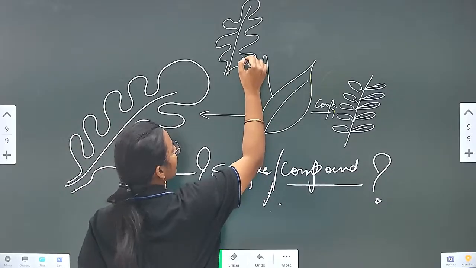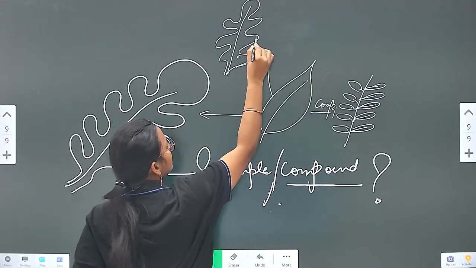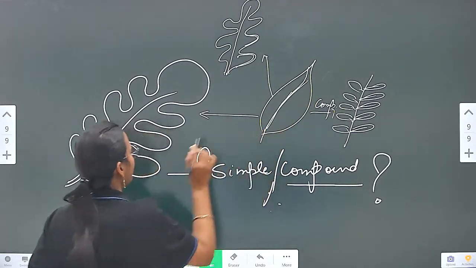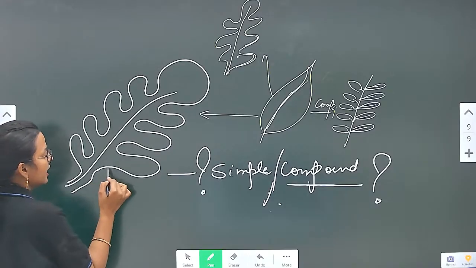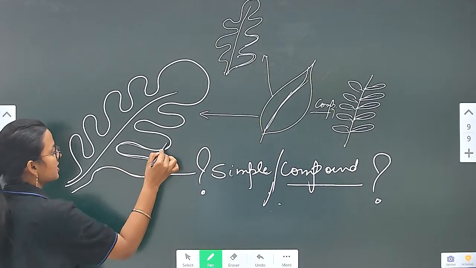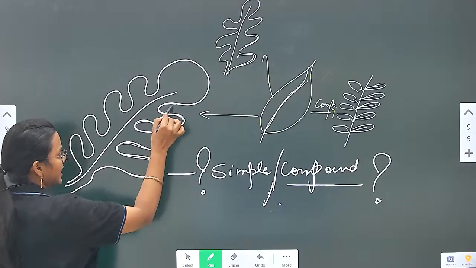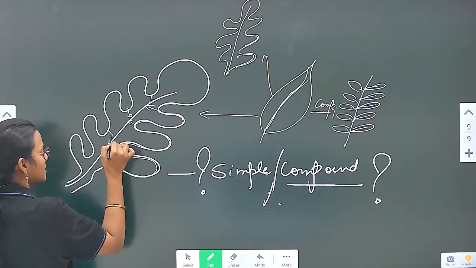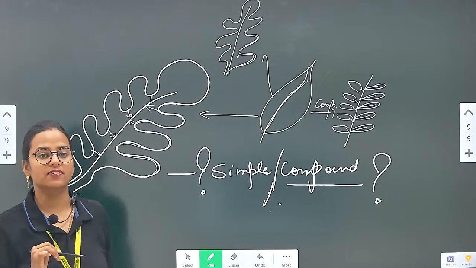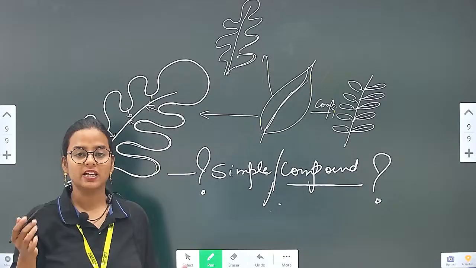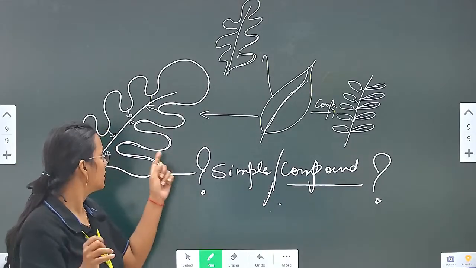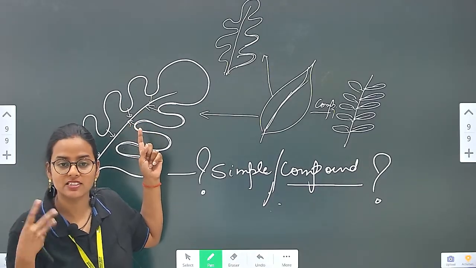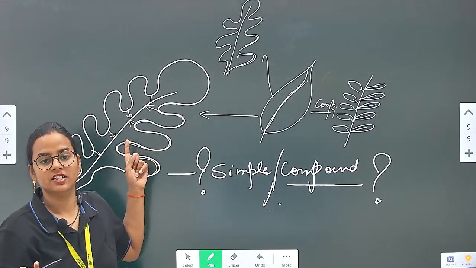If this leaflet-like structure is not touching the midrib, we cannot consider it a leaflet. Did you get my point? Because this incision is not touching the midrib, it is not a compound leaf, rather it is still a simple leaf. Is that clear?